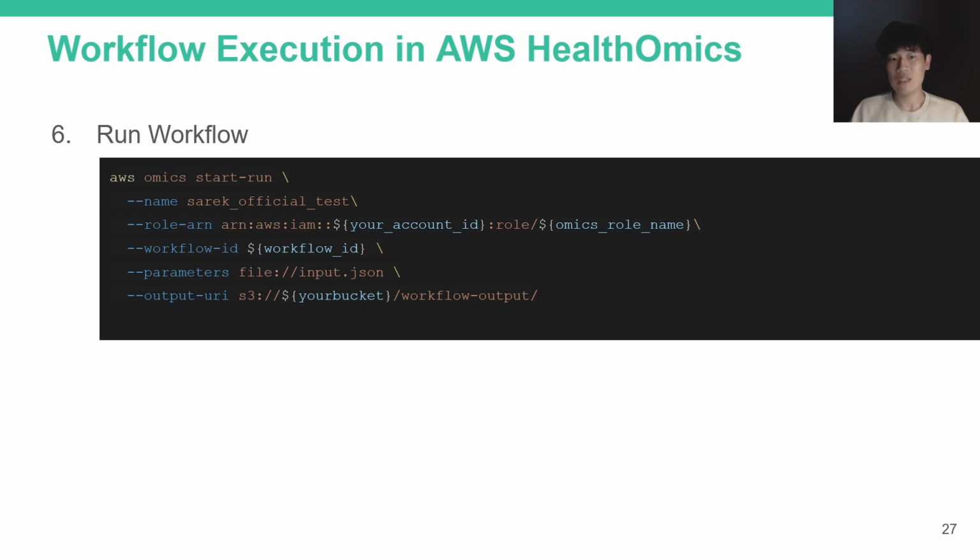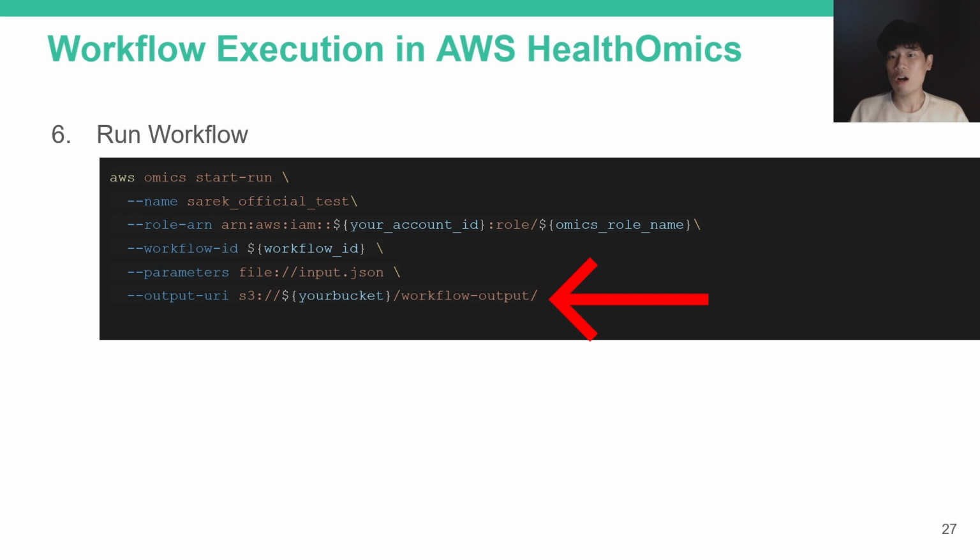--output-uri parameter. As you remember, our input JSON file has a parameter called outdir with the value /mnt/workflow/popdir. And here's how they work together. The path you are going to provide in the output URI is mapped to the /mnt/ directory inside the workflow's container.